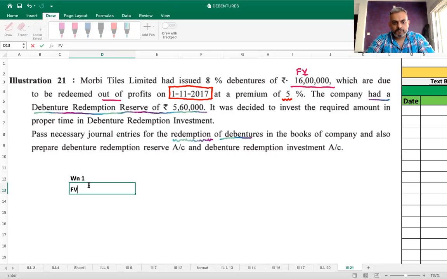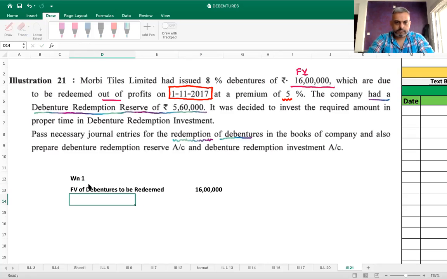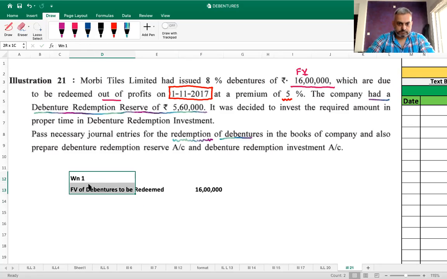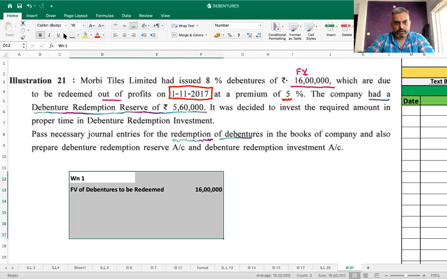Now face value of debentures to be redeemed is 16 lakhs. Please do this working, all of you.